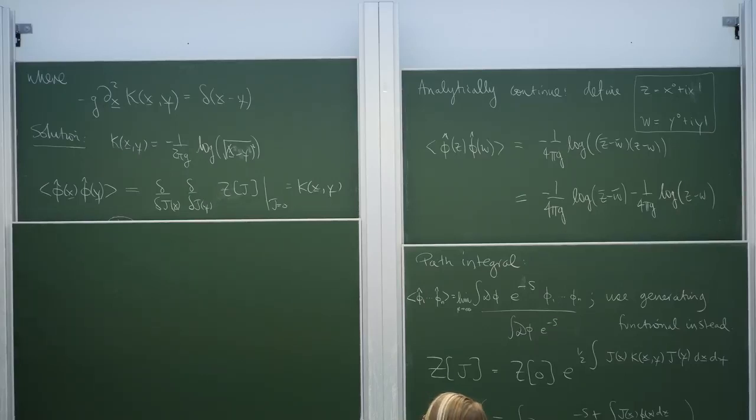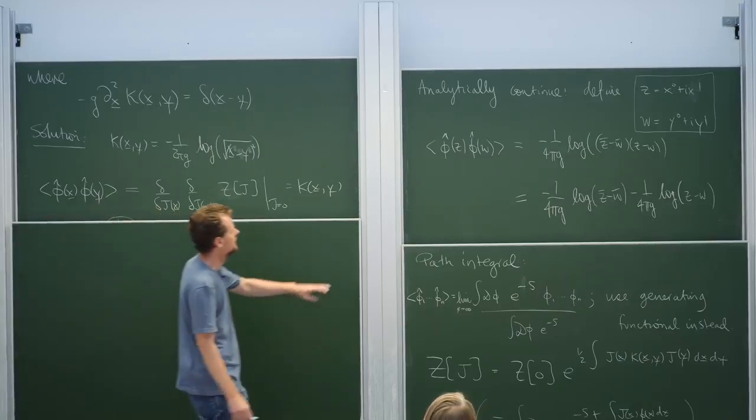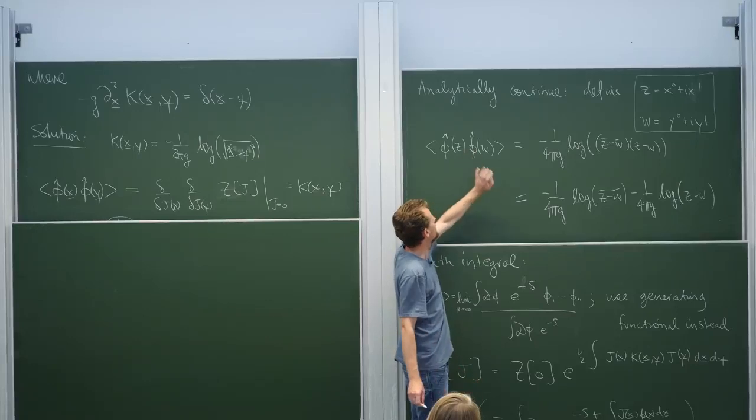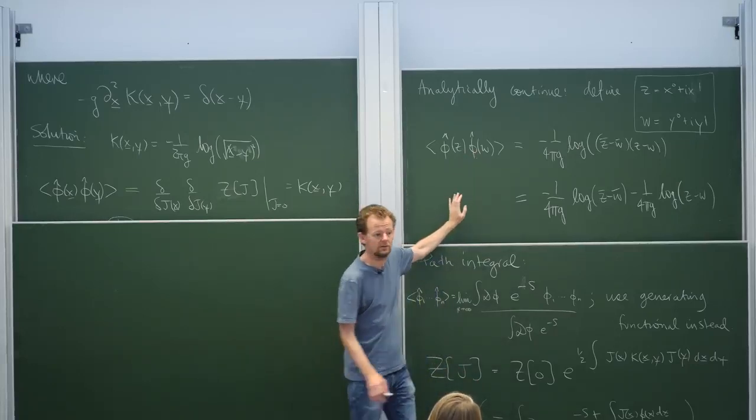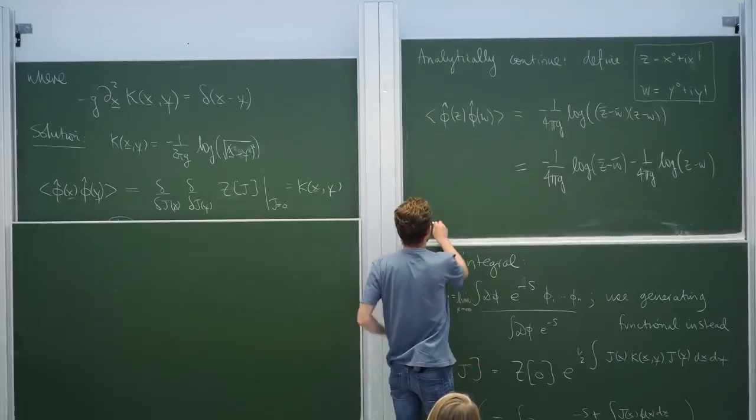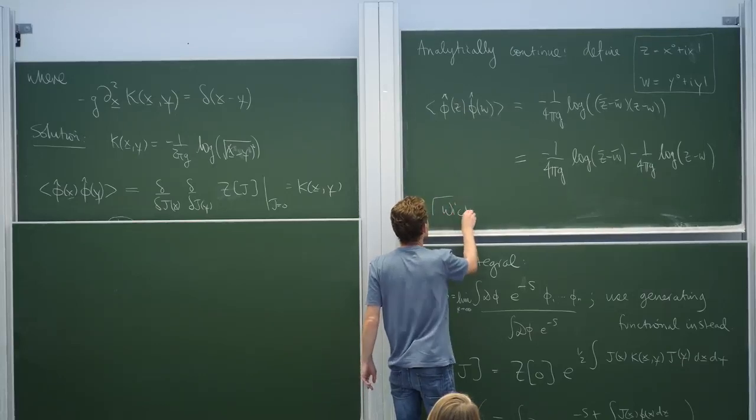So now we're going to try and interpret what we have here as a conformal field theory. So we've got the two-point correlation function. Because this is a Gaussian theory, Wick's theorem gives us all the rest, right?